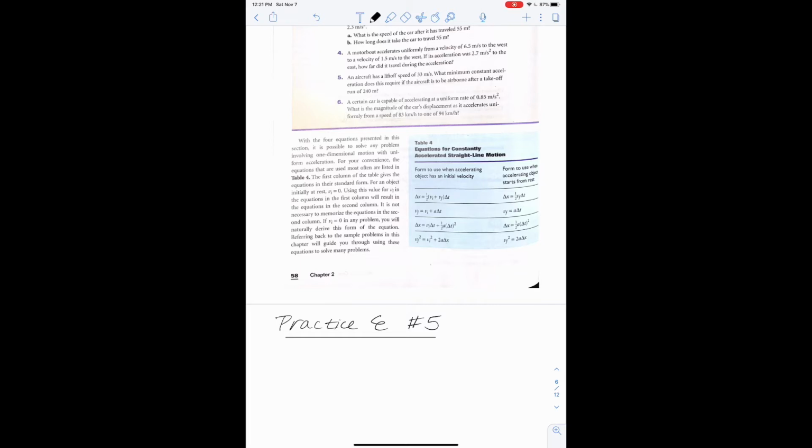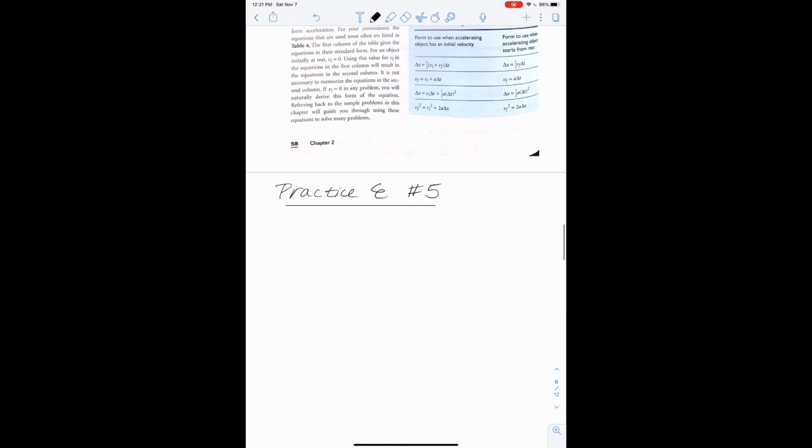An aircraft has a liftoff speed. All right, so this is the speed required for it to get into the air. And we want to know the minimum constant acceleration of the aircraft to become airborne after a takeoff run of 240. So the aircraft, the plane, let me see if I can draw this.